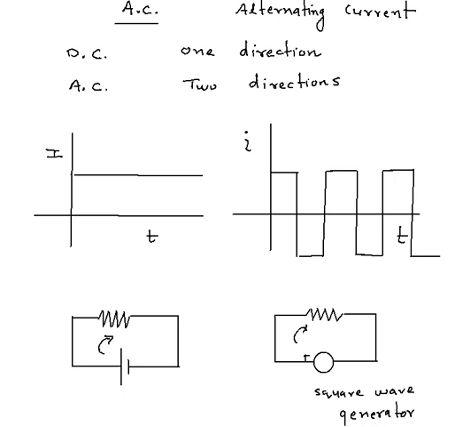If voltage is positive for some time, in the same time current is positive, and if voltage is negative for some time, current is negative for that time. So when current changes its direction, we call it alternating current, and if current does not change direction, we call it a direct current. Direct current is what we have been dealing with most of the time.